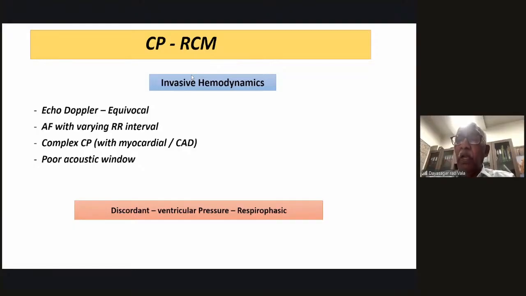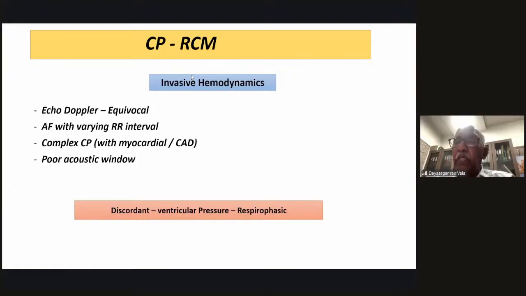Or if the patient has a complex constriction, meaning an additional myocardial problem, either because of infiltrative diseases or coronary artery disease. Very rarely with a poor acoustic window, we can still do it by transesophageal echo. But by and large, in about 80 to 90% of patients with constrictive pericarditis, we can get the data. In case you are not able to make the diagnosis, then only you resort to invasive hemodynamics.